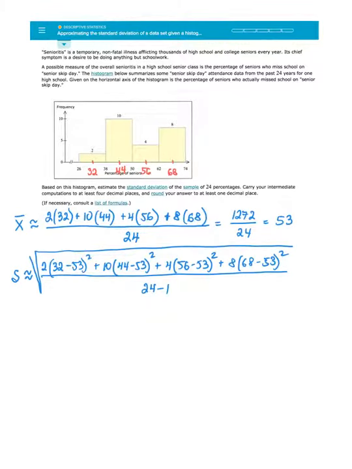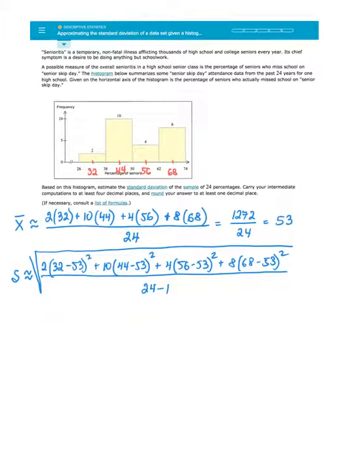Now it's time to find the estimate or approximation of the sample standard deviation. To do that, we're going to use a very familiar formula, but it will be slightly modified because we do not deal with actual data where all elements are listed one by one. We are dealing with grouped data presented to us in a histogram format.